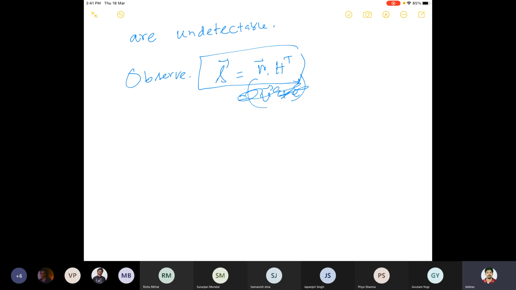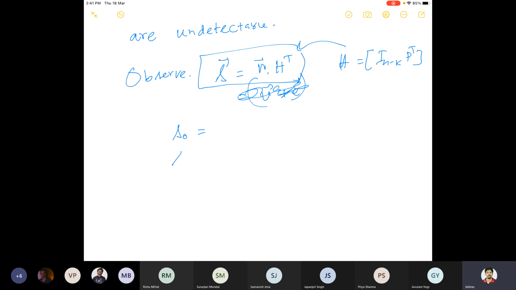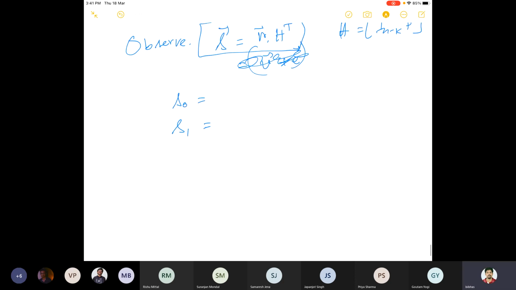H I know already that it is I n minus k P transpose. So if I put it here and multiply the row vector, I will have something for S0, something for S1, and so on, something for S n minus k minus 1.